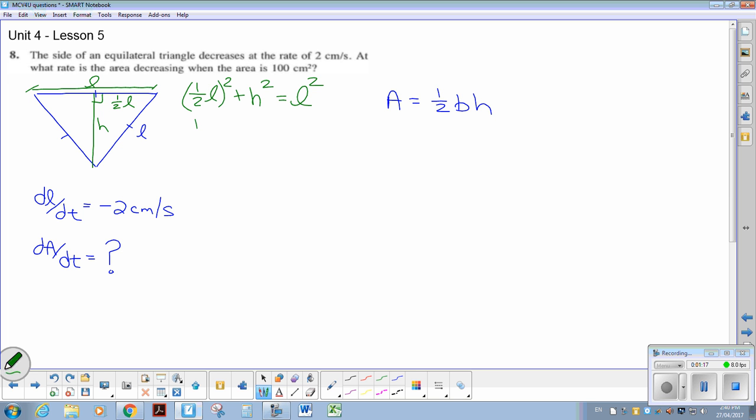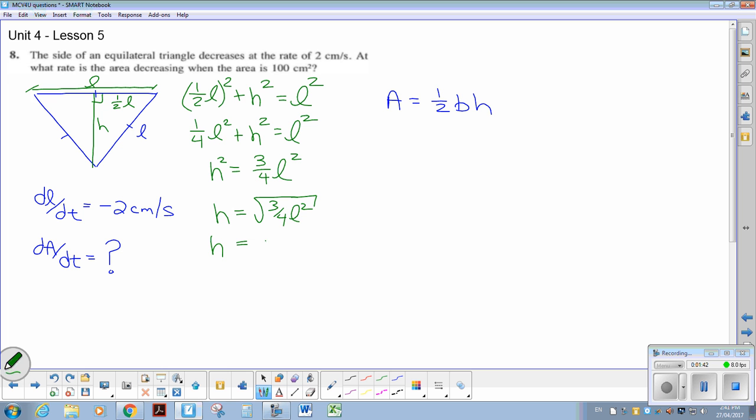So 1/4 L squared plus h squared equals L squared. Take a quarter away from both sides, and h squared equals 3/4 L squared. Then taking the square root of both sides, h is equal to the square root of 3/4 L squared. It's all multiplication in there.